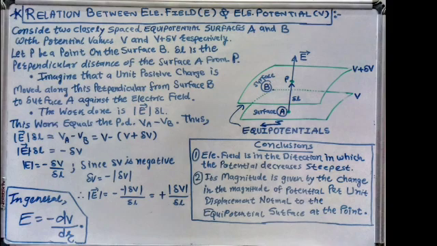Second, the magnitude is given by the change in the potential for unit displacement normal to the equipotential surface at the point. So, the relation between the electric field and electric potential is given by E is equal to minus dV upon dr.